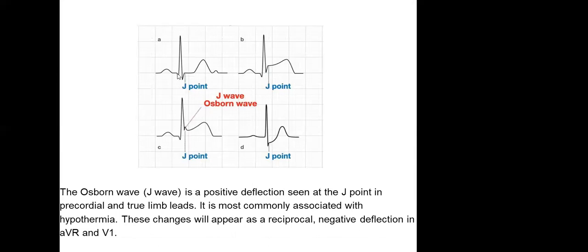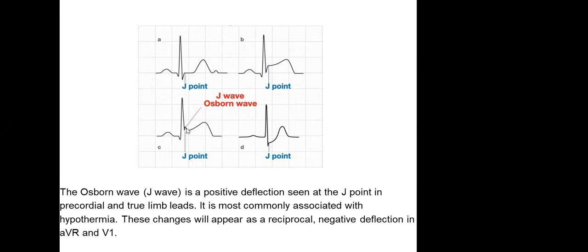Now, let us talk about J waves. When we see a QRS complex, the point where S comes to the isoelectric line is called the J point. From the J point, the segment till the T wave is called the ST segment. The Osborn wave, that is the J wave, is a positive deflection seen at the J point in the precordial and limb leads.